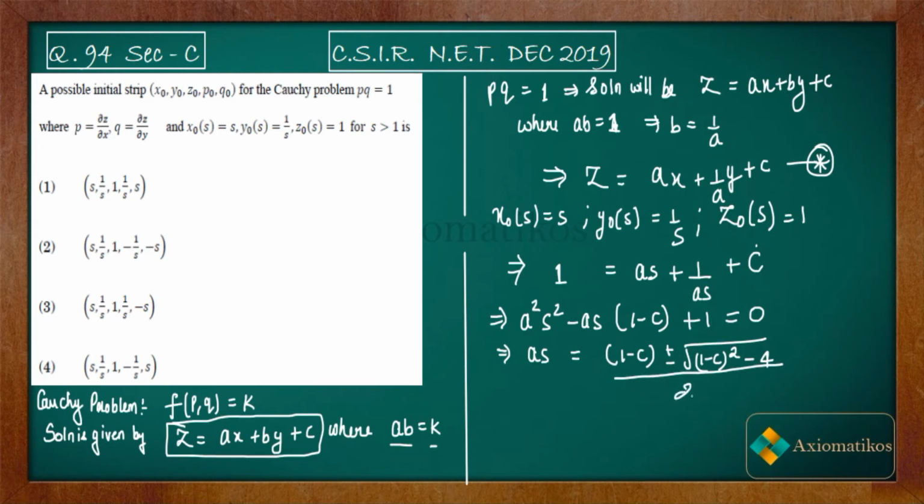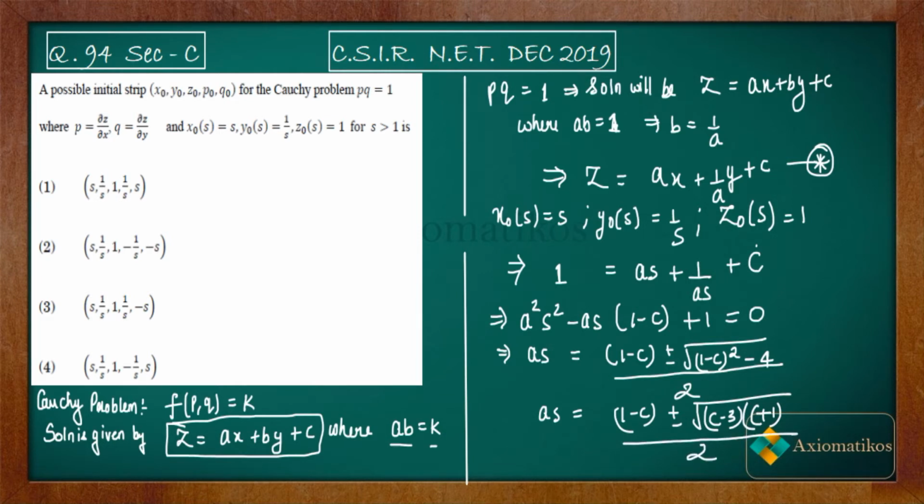So this is what we will get. Now if you open the square over here and factorize this equation, you will end up with c minus 3 by c plus 1 by 2. So this is what we will get.